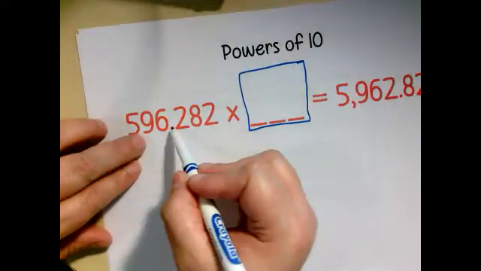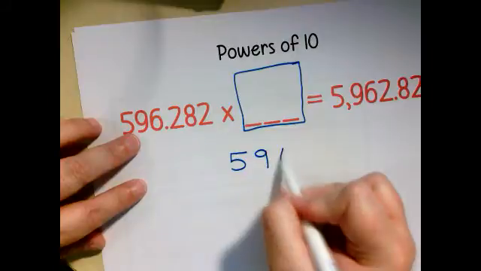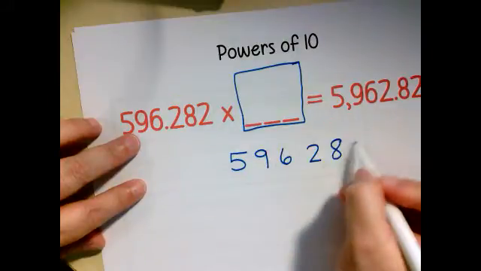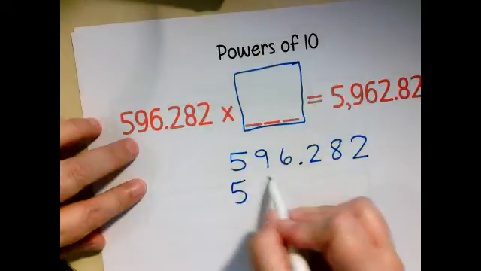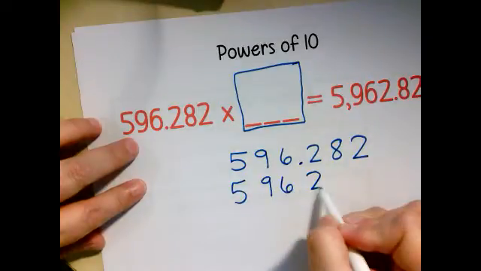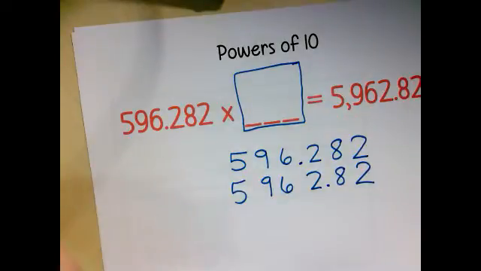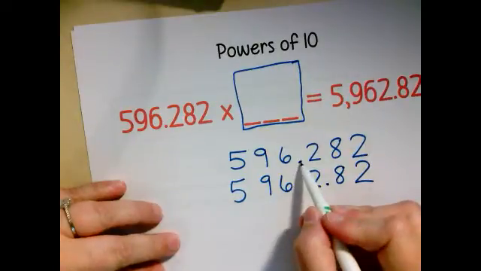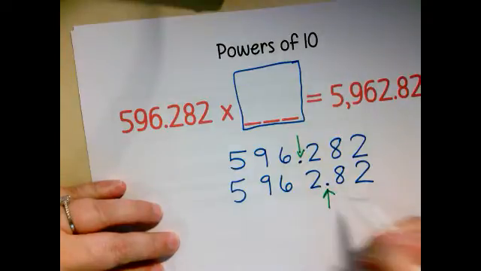I see over here that my decimal, I'm going to write this again here. There, and okay, so you see that the decimal scooched over 1 spot, from here to here.